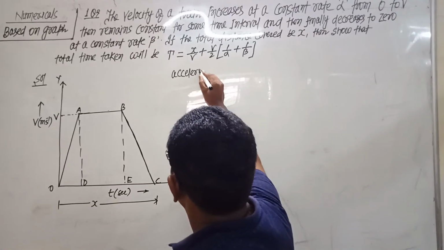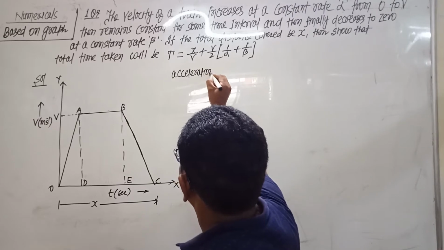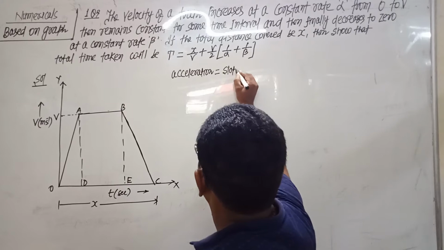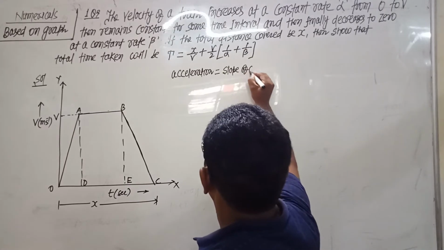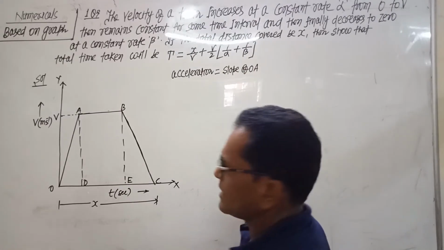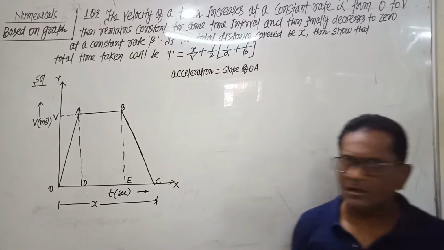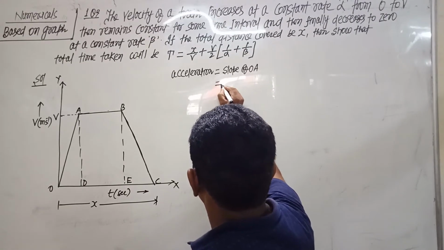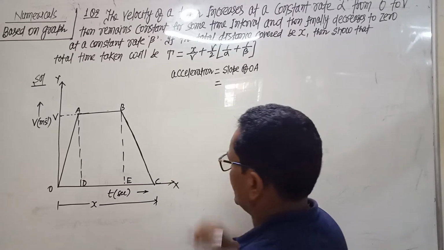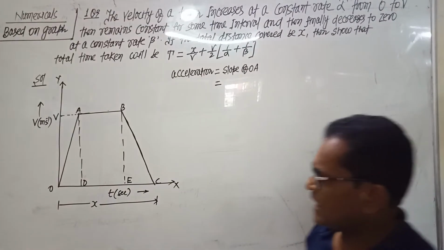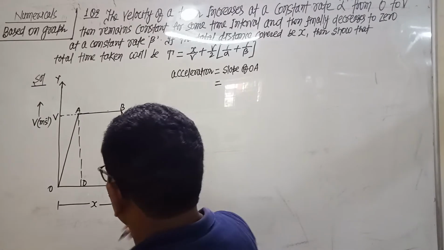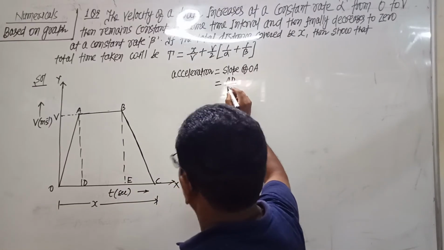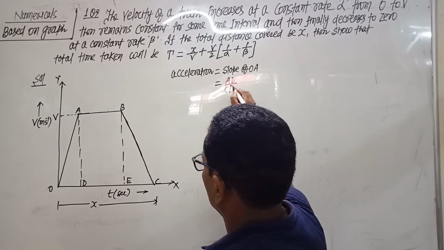So acceleration equals the slope of OA, which is given by tan theta, perpendicular upon base, means perpendicular AD and base OD.